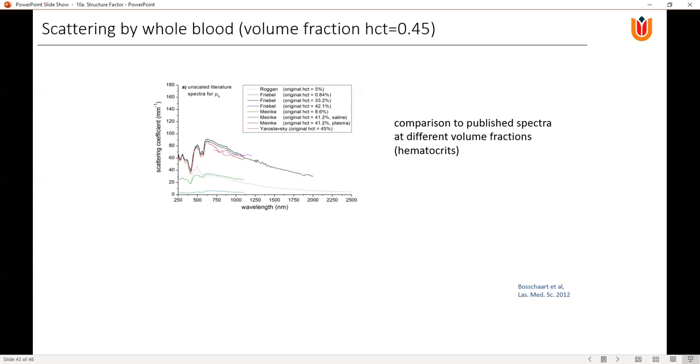One option would be to take the top one, which is 5%, take the scattering coefficient divided by 5 and then multiply it with 45. Would that be allowed? Would that be wise?